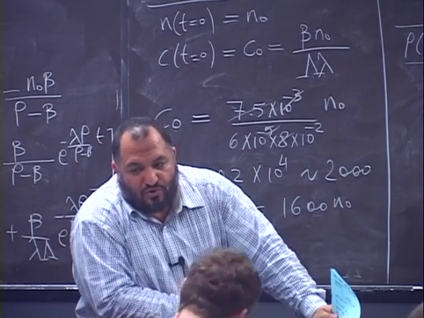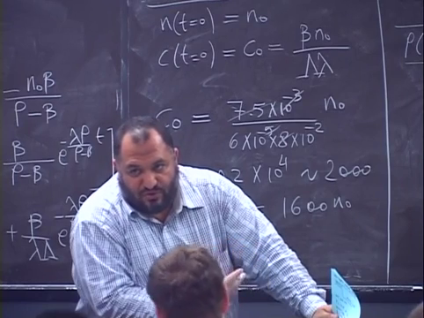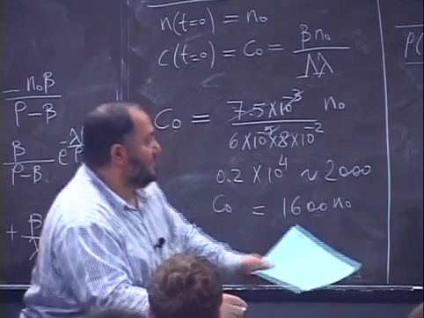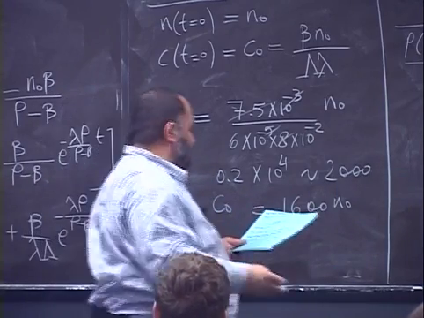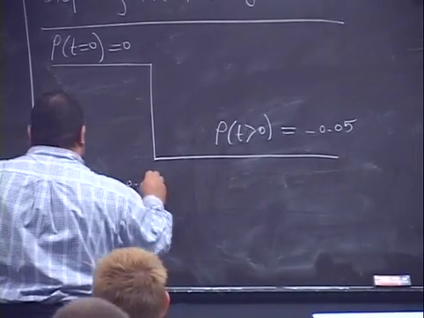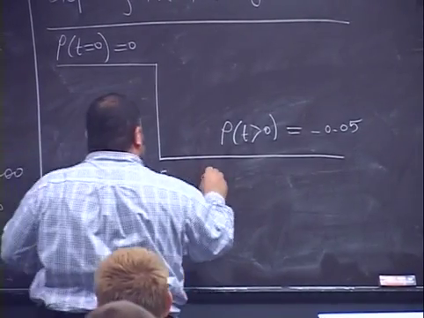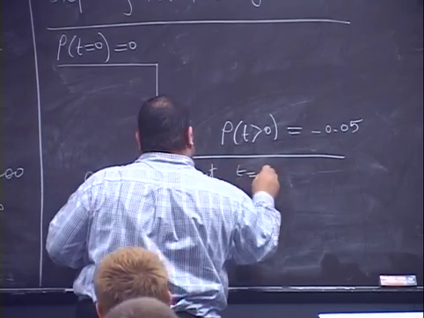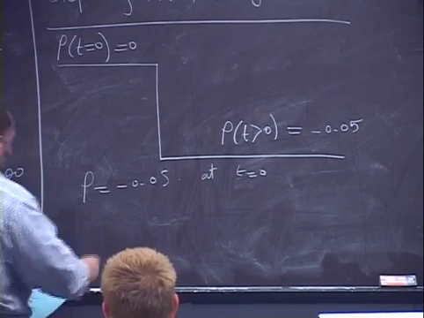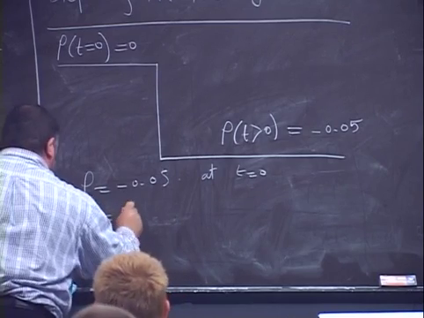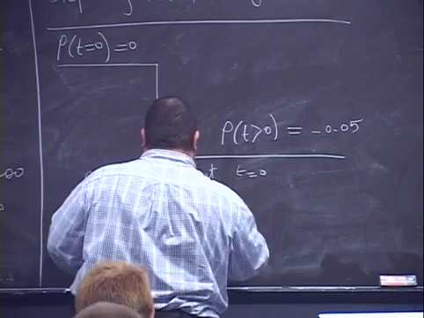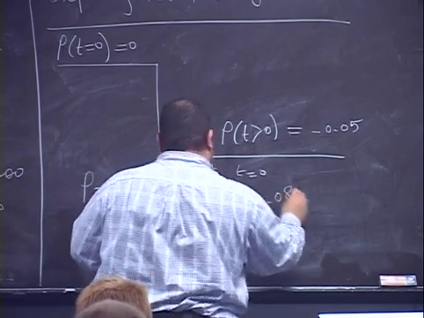So all your control rods will fail safe inside the core, and you will have negative reactivity insertion like this. So rho equal to negative 0.05 at t equal to 0.